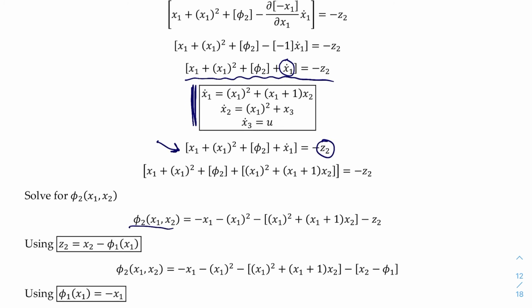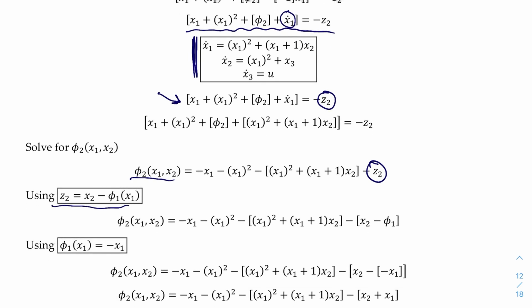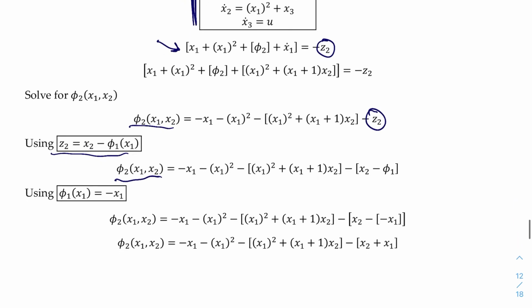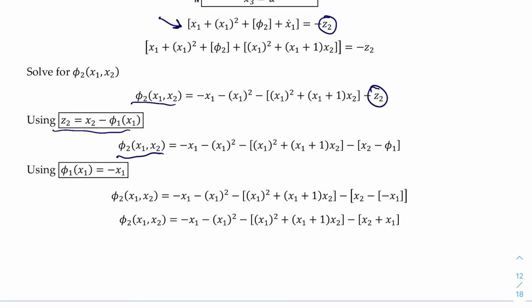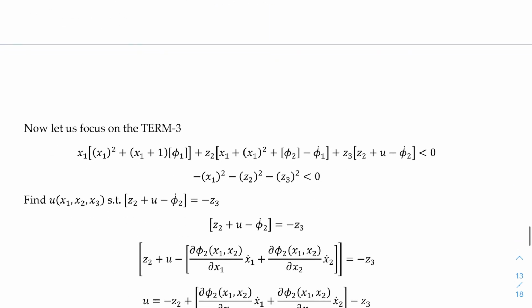Isolate phi2, and by using this equality just find phi2 only as a function of x1 and x2. Look at this expression, the right hand side is a function of x1, x2.